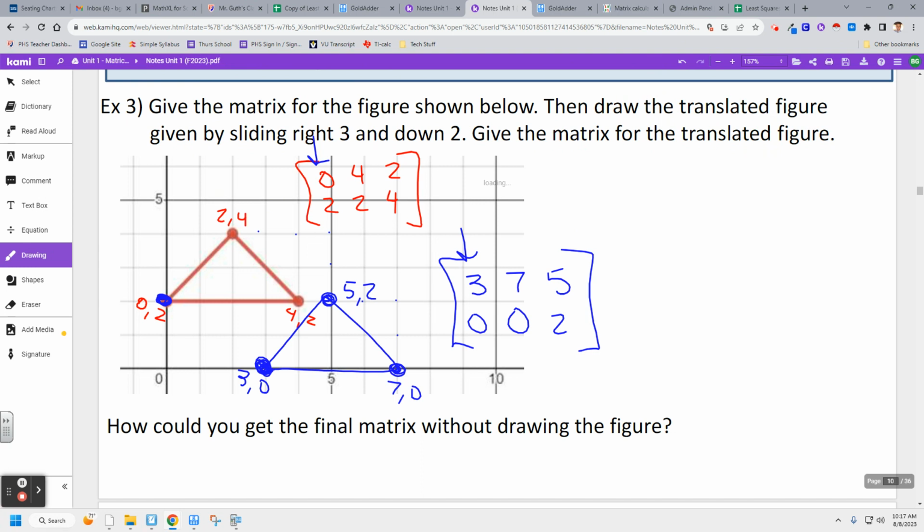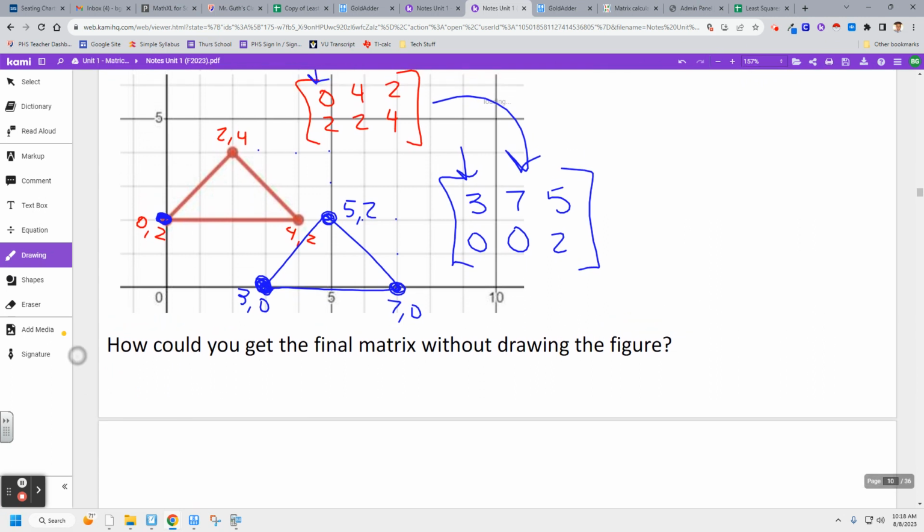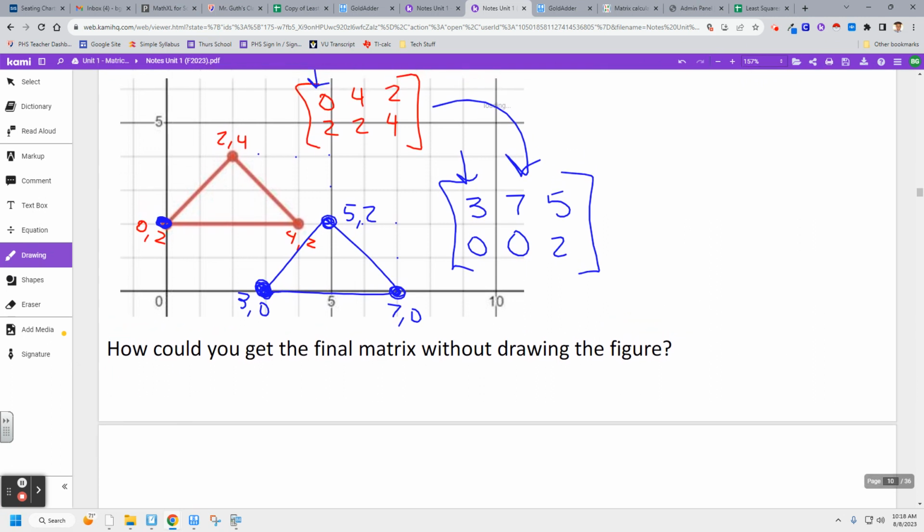You're supposed to notice how to get to here from here. How could you get the final matrix without drawing the figure? Right. We're talking pure math. We don't really need the picture anymore because we can just look at the numbers.